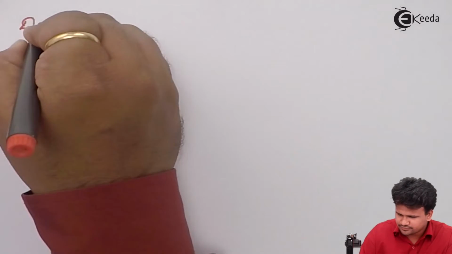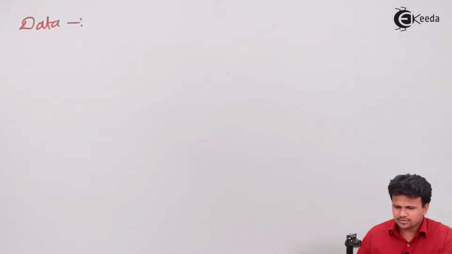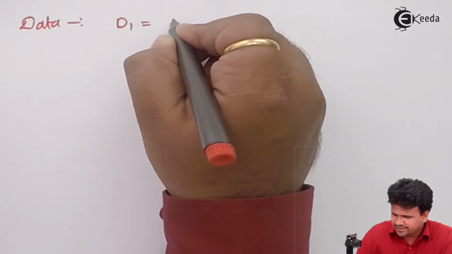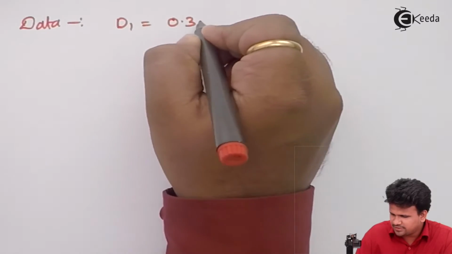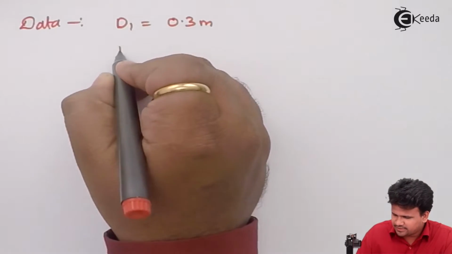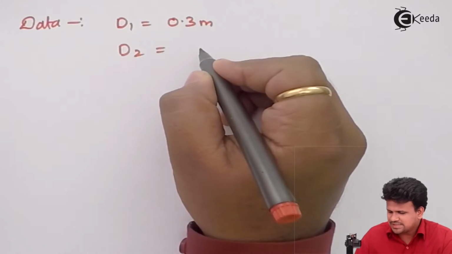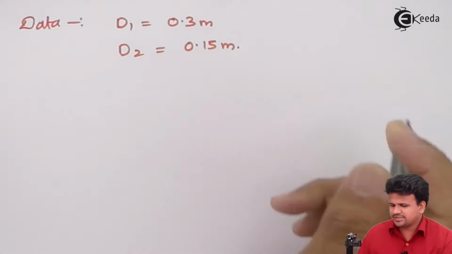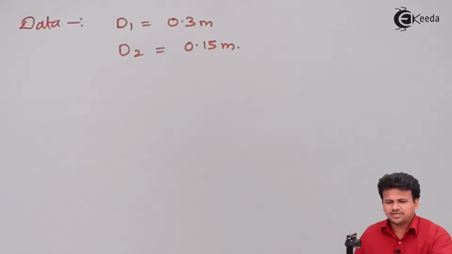That is the diameter. So the data which is given to us: the diameter of the pipe D1 is 0.3 meters, and D2, the diameter of the throat, is 0.15 meters.